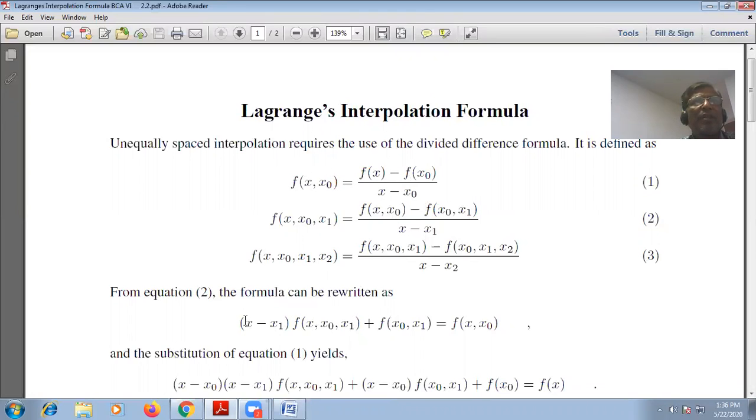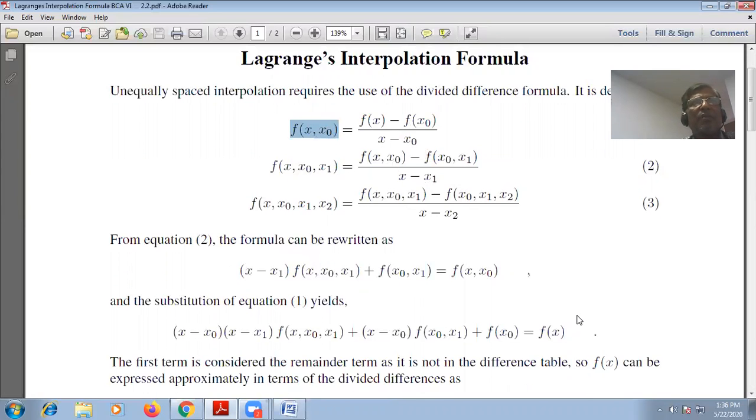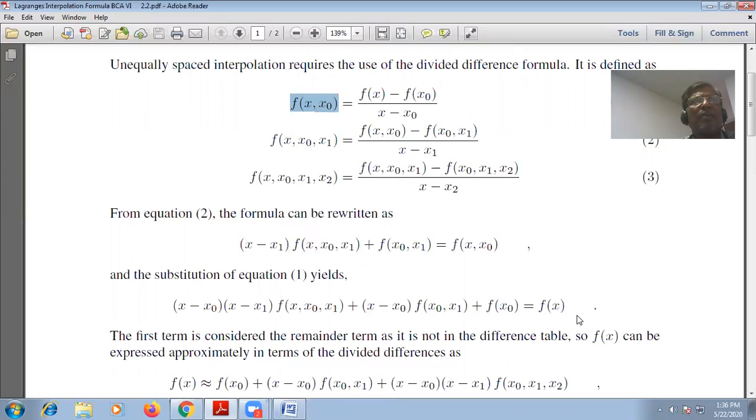So putting this result on the place of this result, you will be finding a relation like this, because you will be multiplying this term by this, then taking this away to the left hand side, and then this will be giving you f of x.